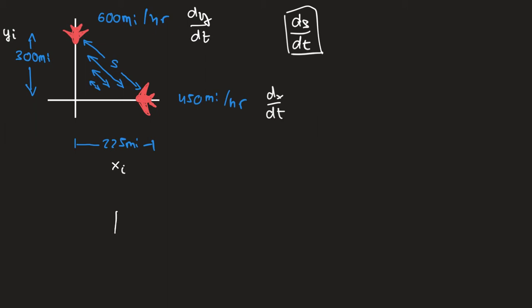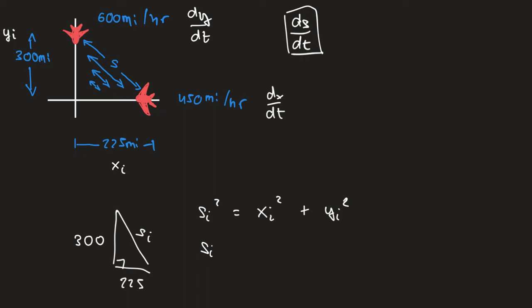We know that from the right triangle rule, this is 300, 225 miles, and we want to find the initial distance of the two planes being apart, which is s initial. For the Pythagorean theorem, we can write s initial squared is equal to x initial squared plus y initial squared.